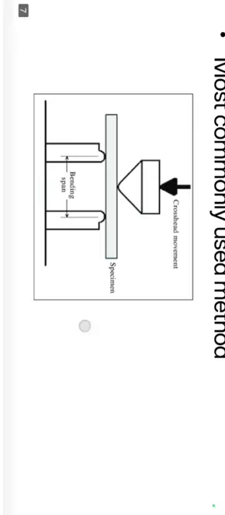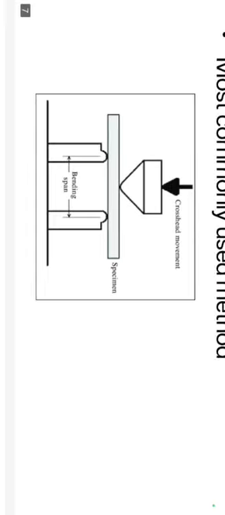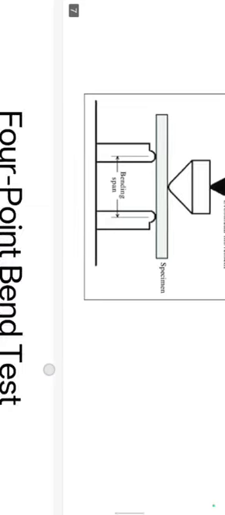It is the most common method, but it introduces a transverse force that can complicate pure bending analysis. The specimen is placed on a flat surface of the bending span, and when a load is applied, it withstands a certain amount of load.